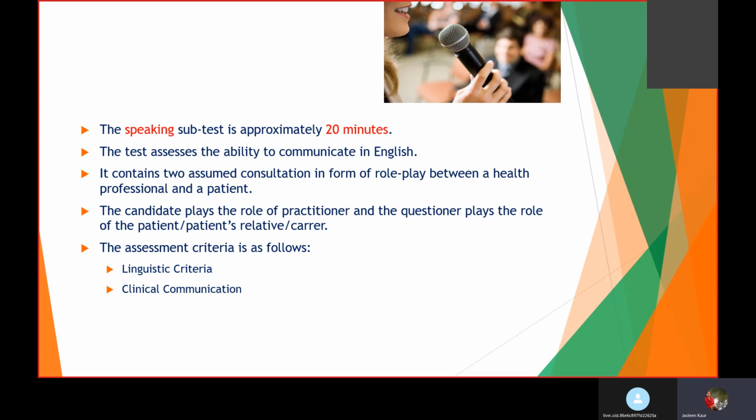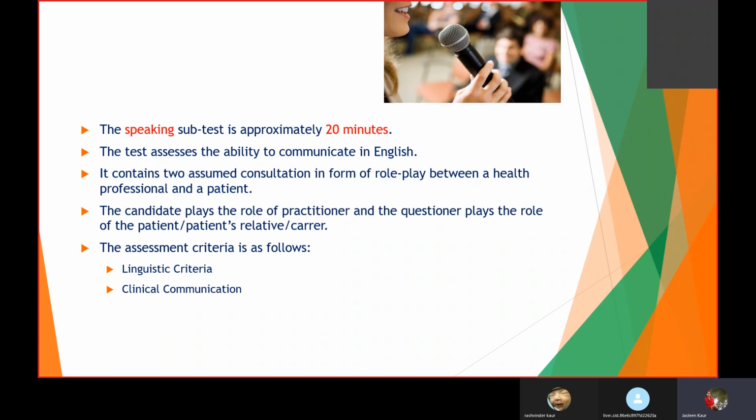So your clinical knowledge is not at all mandatory. Mandatory in the sense they're not going to give you a score based on your clinical skills. But yes, the communication skills are quite important, and that's how they made the criteria so that it is easy for you to understand and follow.